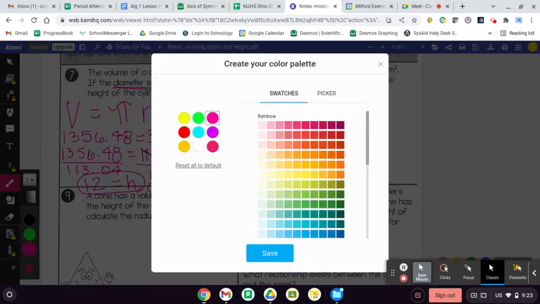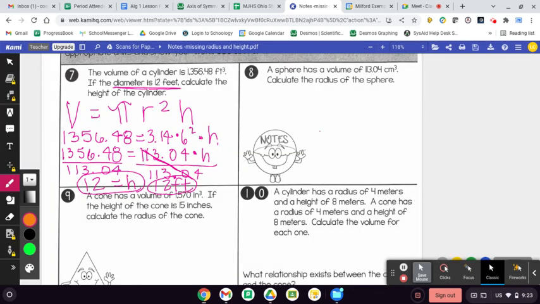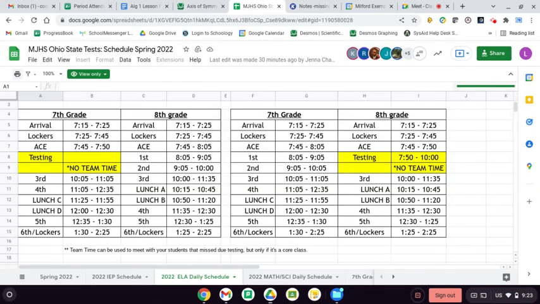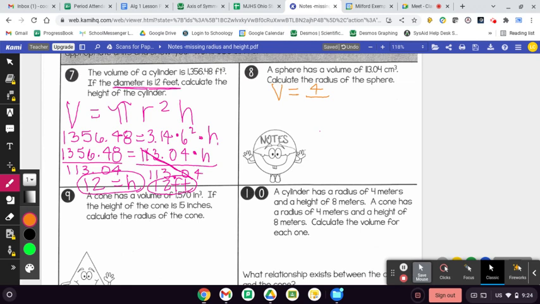Yes, sir. Tell me the formula. V equals 4/3. Use your sheet. That's why we gave it to you. 4/3 times pi times radius cubed.